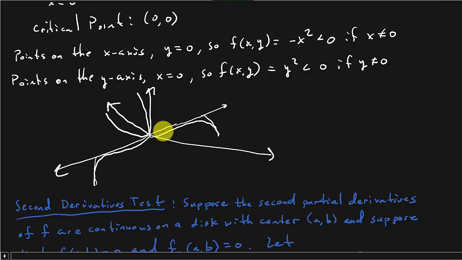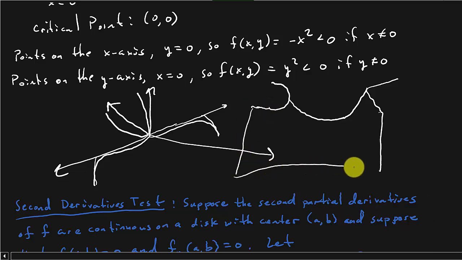Okay, and I can't draw this thing good, but let me see if I can make it look halfway decent. I know I can't, but it's kind of like looks like a saddle. So you can see around this point here, we've got the x values coming down this way.